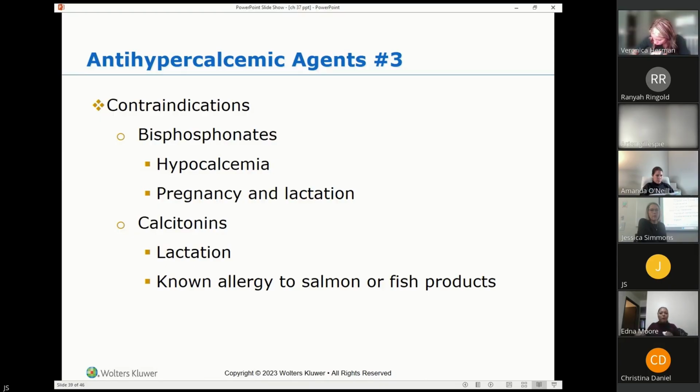So sitting up for 30 minutes, which is a risk of esophagitis and esophageal erosion. That is on page 639.